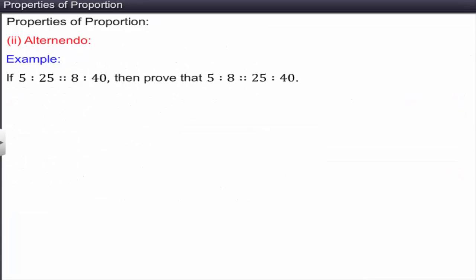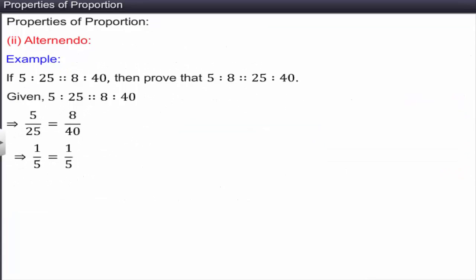Given 5 is to 25 is as 8 is to 40. This can be written as shown here. On further simplification, we get 1 divided by 5 is equal to 1 divided by 5.